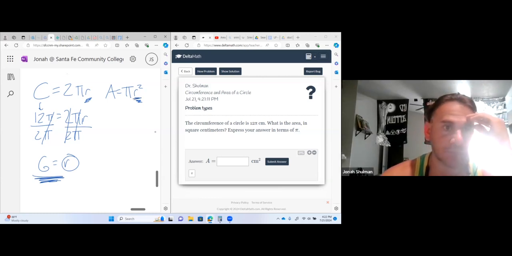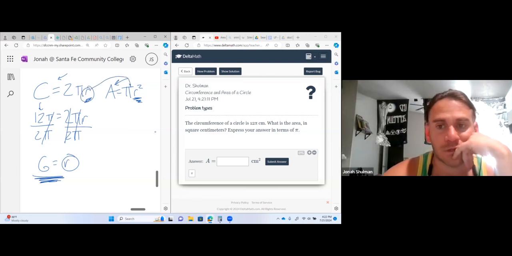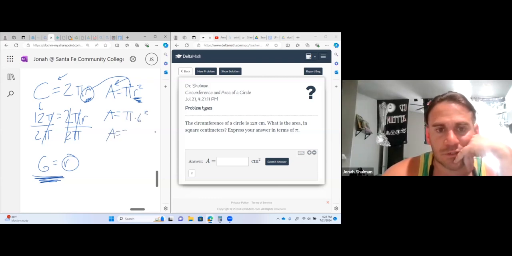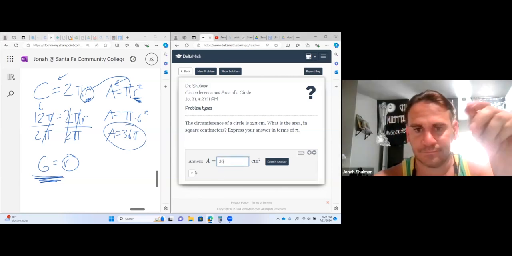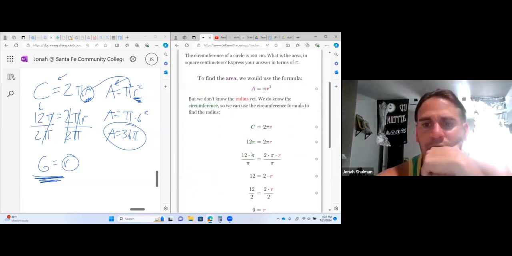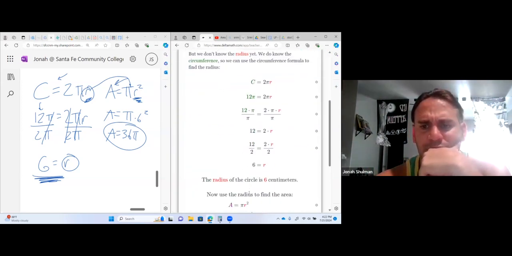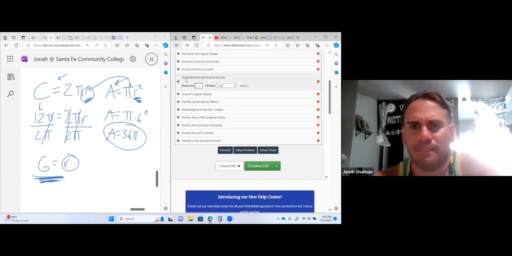So even though they gave me the circumference formula, I can still find the area by solving for r and then dropping it in. So area equals, we want it in terms of pi, so it's pi times 6 squared. So our final answer is 36 pi. Who's hungry? Ta-da! There was the division. We got the 6 for the radius. Then we put in the other one.